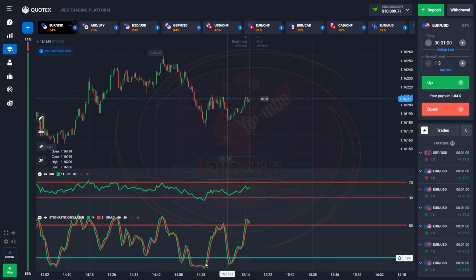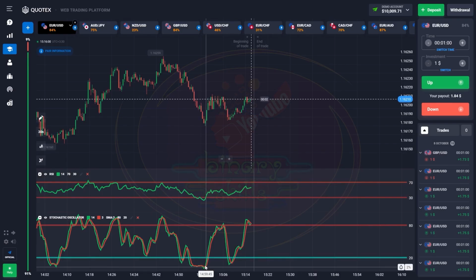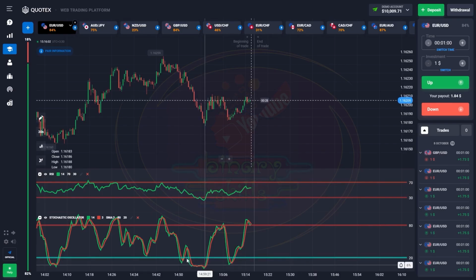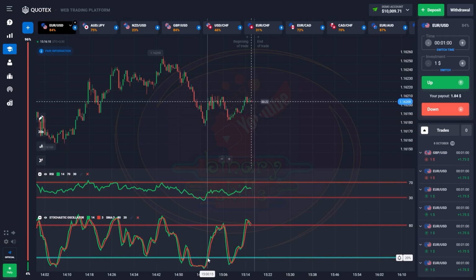So this is an oversold condition, and we expect the price to start rising from here, reversing the trend and moving upward. Now, if you look closely, you'll see that the stochastic shows an oversold condition, but at this point, the RSI isn't showing anything.